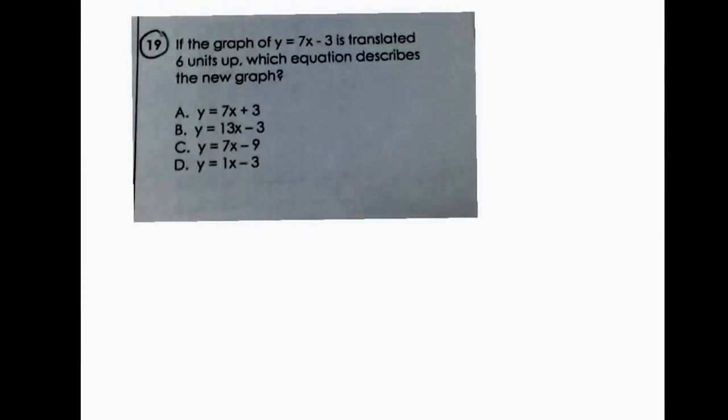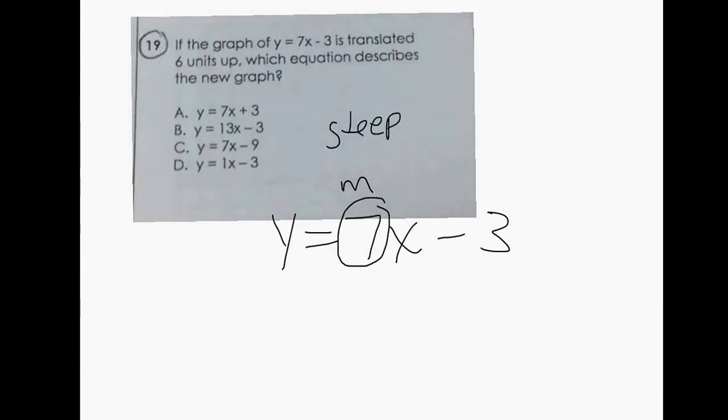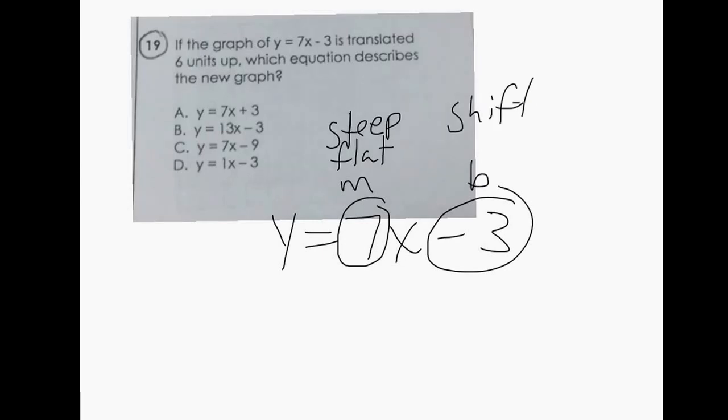Okay, if the graph of y equals 7x minus 3 is translated 6 units up, which equation describes the new graph? Right, we learned the other day in class that when we're looking at an equation, this number, the m, makes it steep or flat, and this number, the b, shifts up or down.